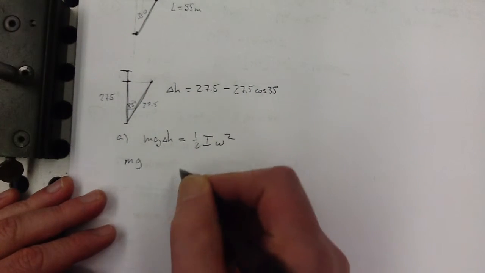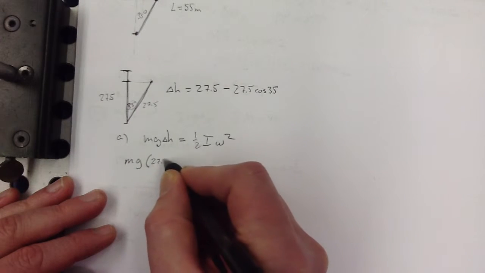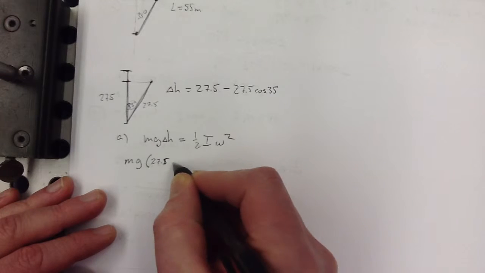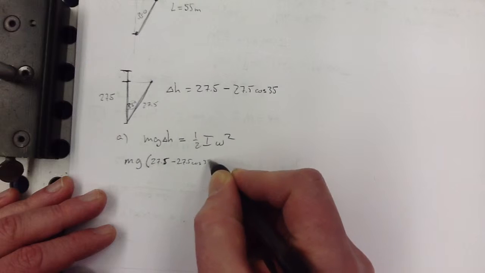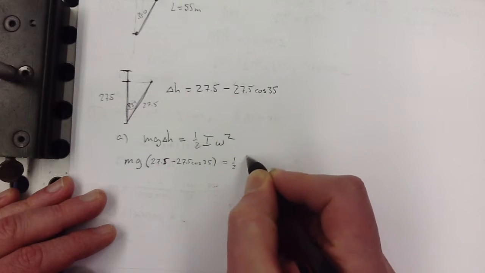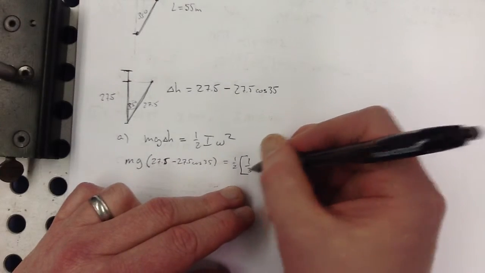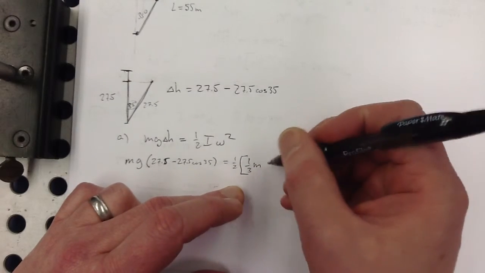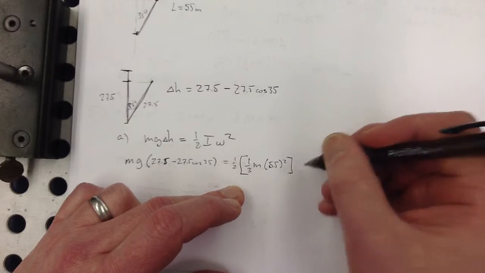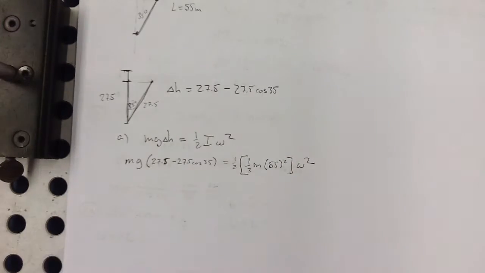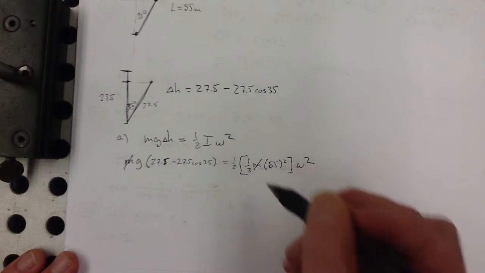I'm hoping that that will cancel out. g times delta H, which is 27.5 minus 27.5 cosine 35, equals 1/2 times the moment of inertia of a rod about its end, which is 1/3 m times the length squared, times omega squared. And there's my m that I can cancel out.